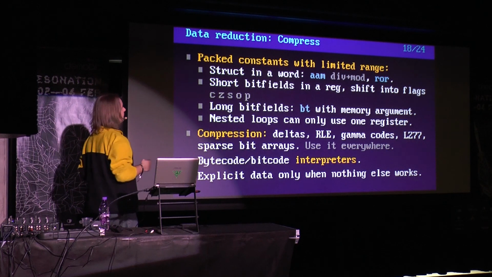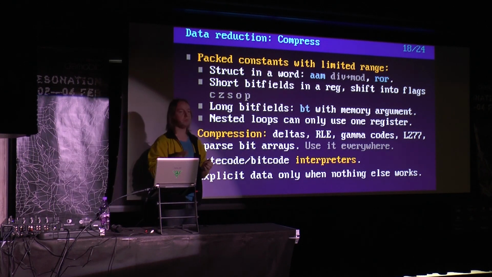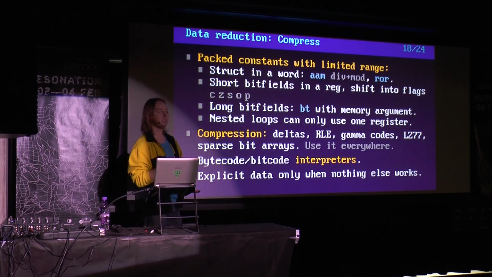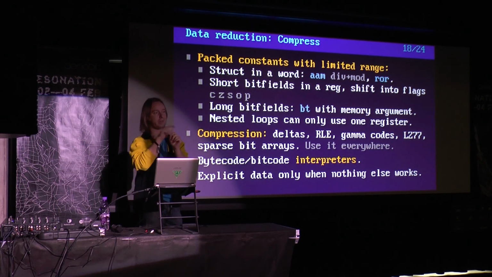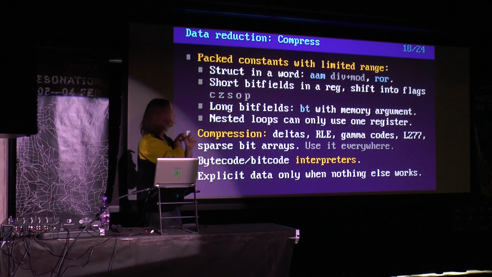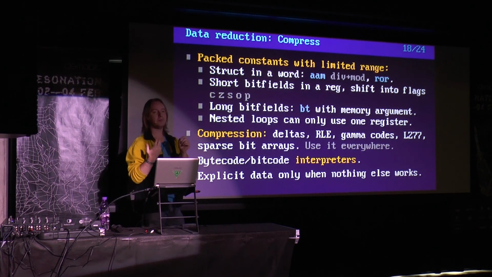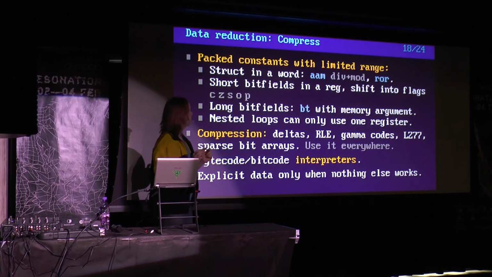Compression. Sometimes, for example, when you do music, you have limited ranges of values. You usually play music in a scale, in a vicinity of 1 note. So you have something like +12 and -12 notes. So you have 24 possibilities, and you can pack them into 1 byte again. We've seen that.